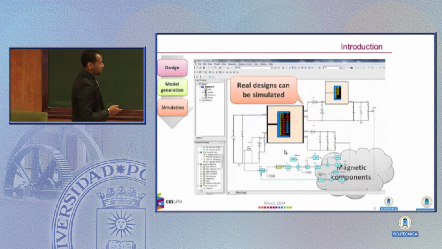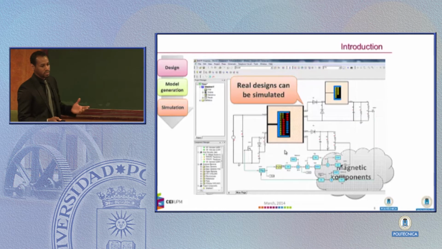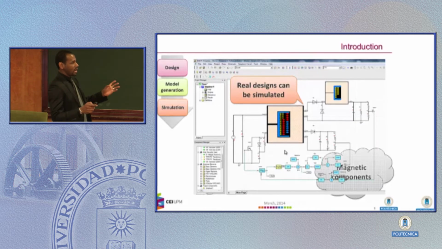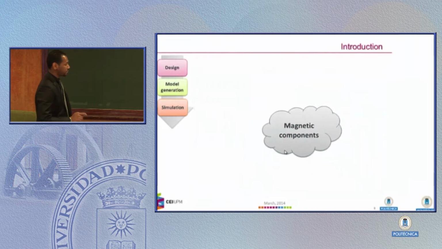Then PSPR allows to simulate the designed components in a circuit simulator and to analyze the parasitics, for example, the influence of the parasitics of the designed components in the overall outputs, let's say, of our application, in that case, a power converter.